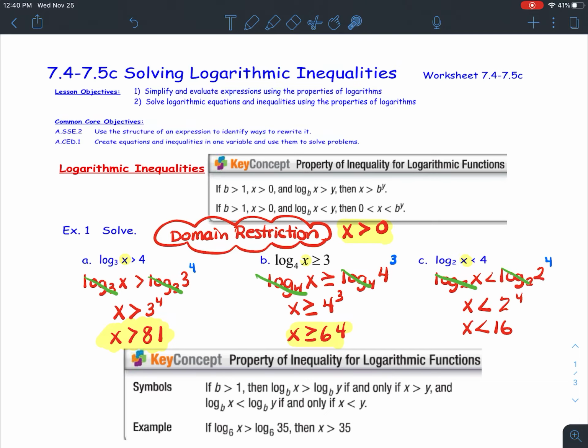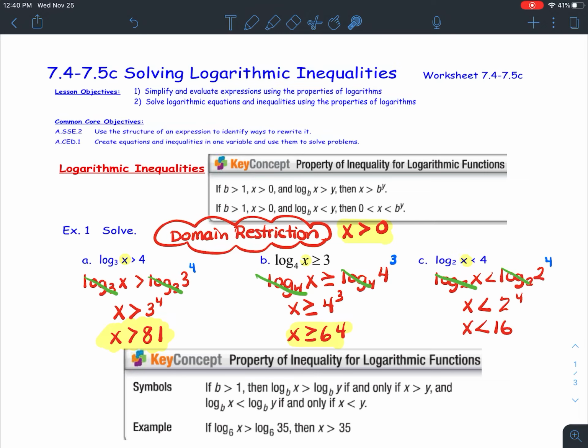So I want to ask myself, are numbers that are smaller than 16 also always greater than 0? Well, some numbers smaller than 16 are greater than 0, but I'll give you an example: -5 is smaller than 16, but -5 is not greater than 0.